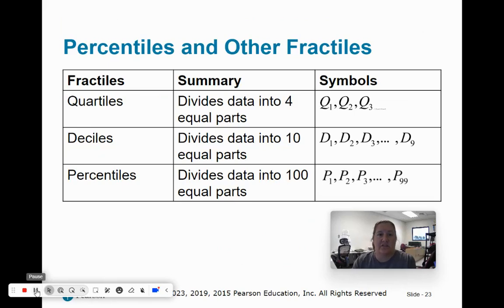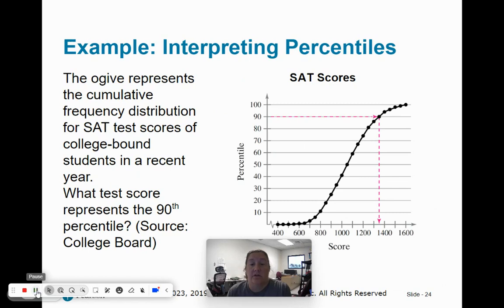We just discussed quartiles, but there's also deciles and percentiles. Percentiles are more common in the real world in relation to birth weight or birth length, SAT, ACT scores, and so on. In this next example, we're seeing an ogive, and the question is what test score represents the 90th percentile.